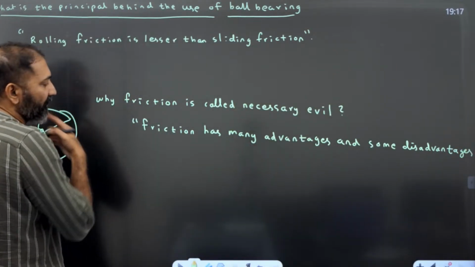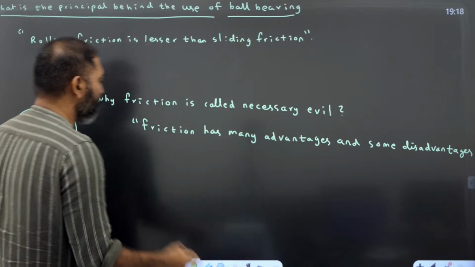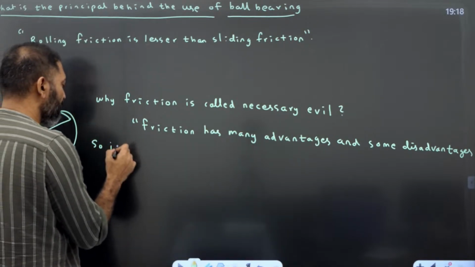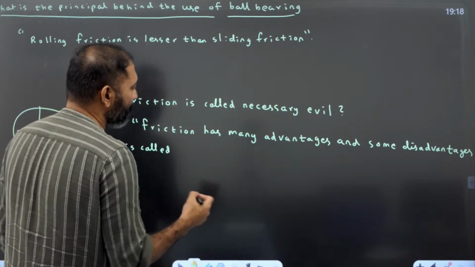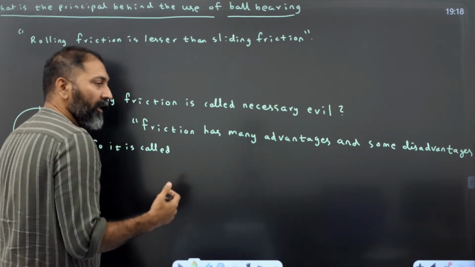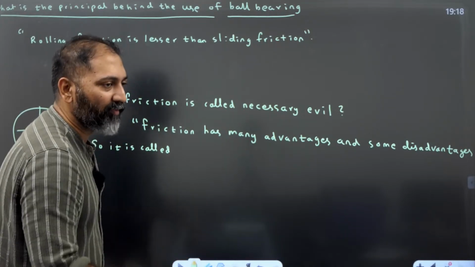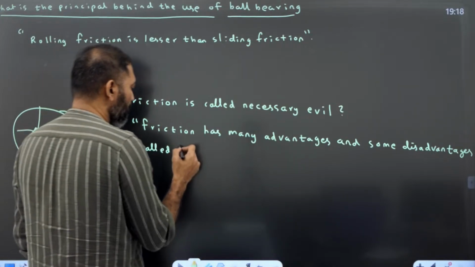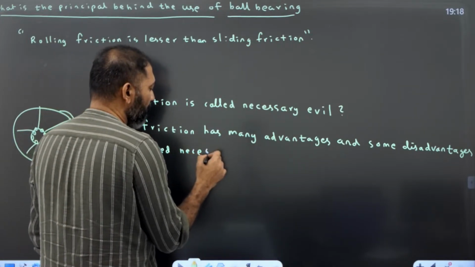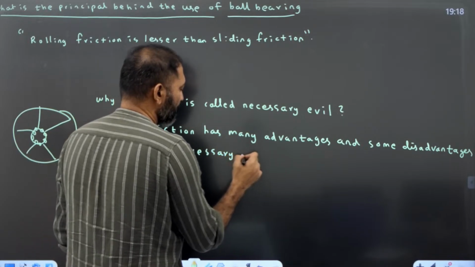So friction has both advantage and disadvantage, so it is called necessary evil. Necessary means we need that. Evil means we do not want. In certain situations we require friction. In some other situations we don't want friction. So it is called necessary evil.